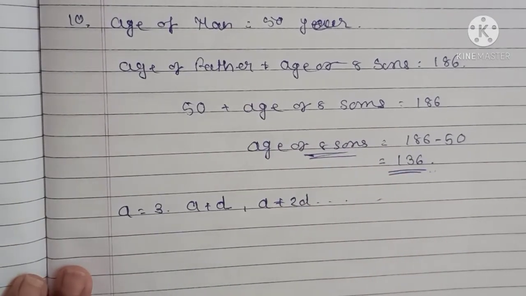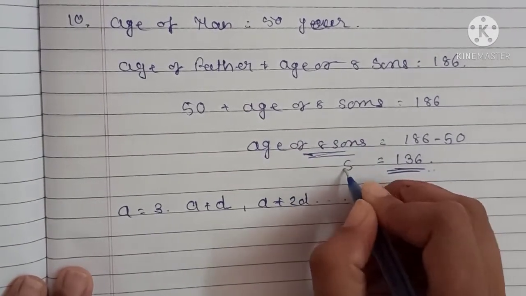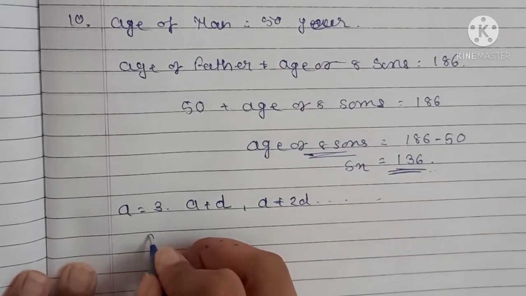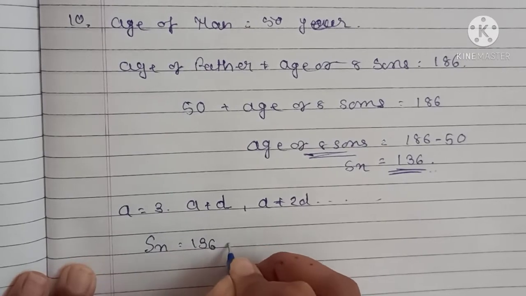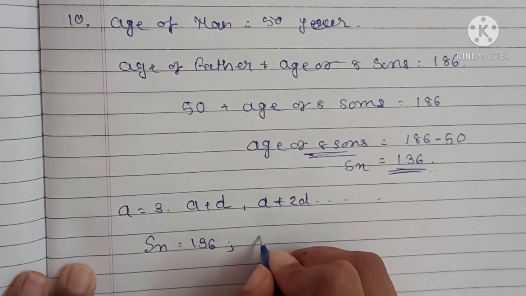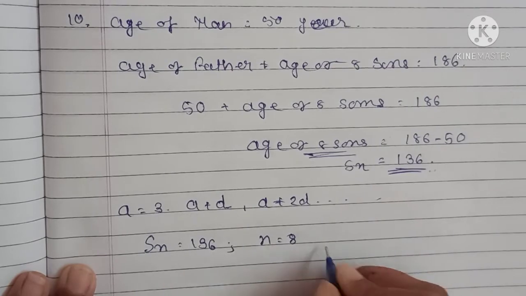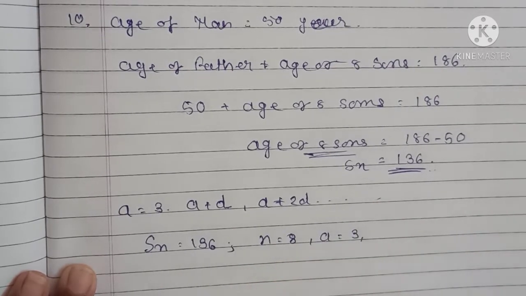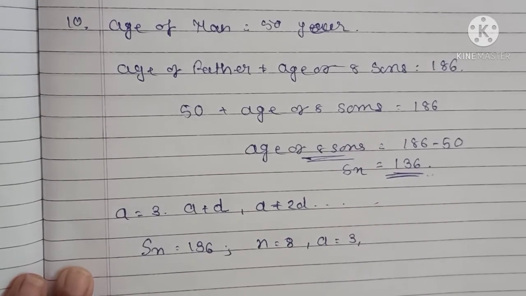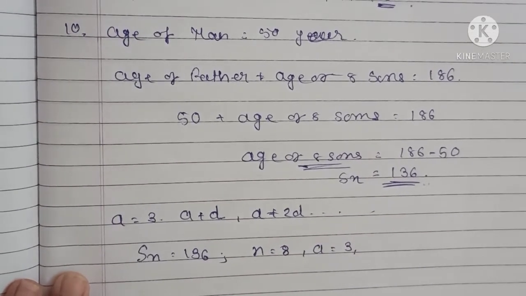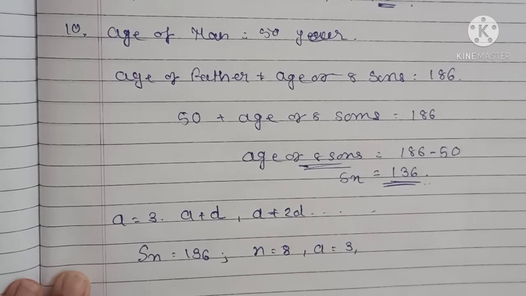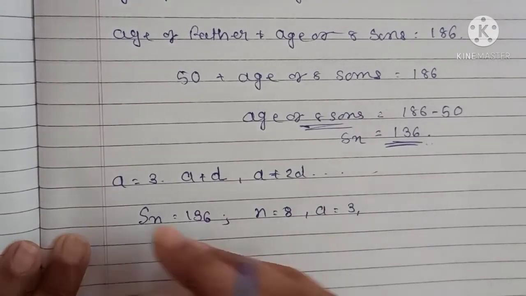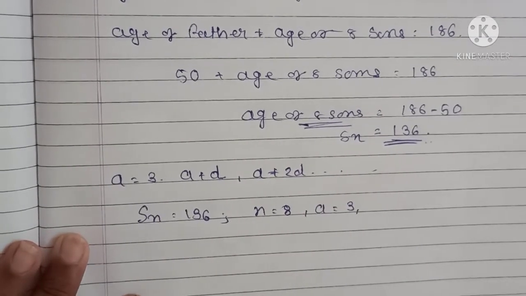So we have the Sn, that means Sn is equal to 136, then n is equal to 8 sons, A is equal to 3. Then we have to find out the eldest son's age, the last one's age. So before that we have to find out D, and then we find the eldest son.